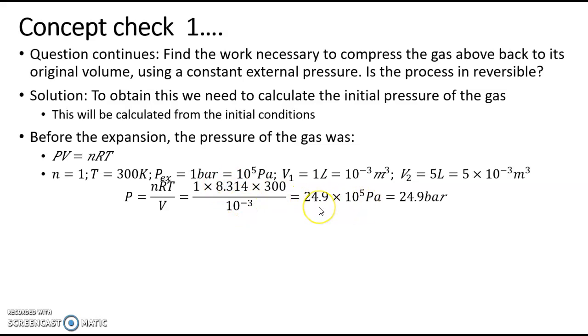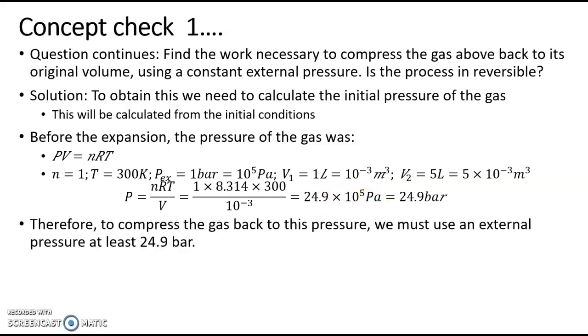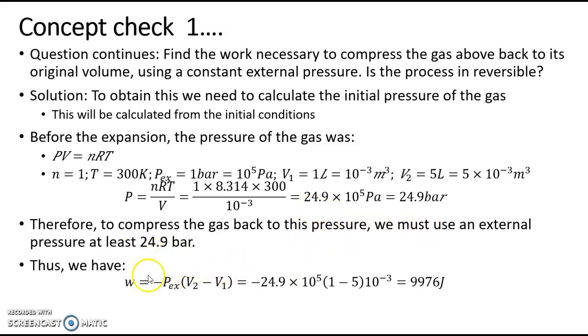Punching this into the calculator gives us 24.9 times 10 to the power 4 Pascals. So why did we calculate this? Because we need to compress the gas back to this pressure. Therefore, the work done for the compression must have this pressure as the external pressure for the compression.